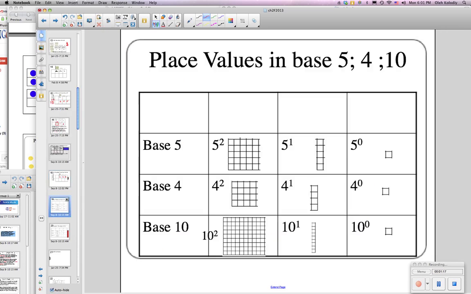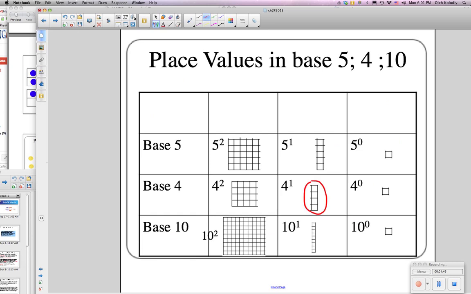If you were working with some other base, then the place values would be multiples of that base. For example, in base 5, this digit would tell you how many 1s there are. This digit would tell you how many 5s there are. The next digit would tell you how many 5 5s or 25s. In base 4, the first digit tells you how many 1s there are once again, but this next digit tells you how many 4s there are.